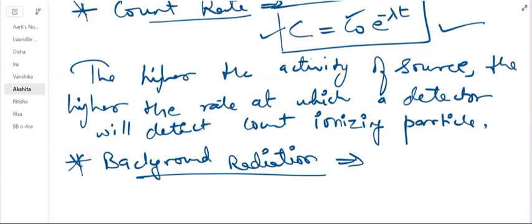Radioactivity is a natural phenomenon. You have understood, right? There are radioactive isotopes found in rocks, building materials, and even in our bodies. All of this adds up to give a background radiation of alpha, beta, gamma, which is measured by a Geiger-Müller counter. Understood?